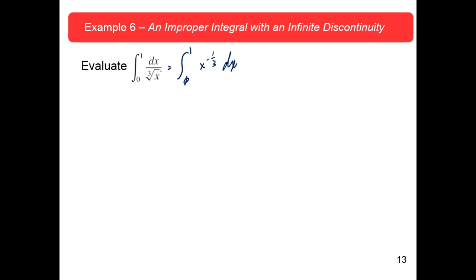But what we'll do is, well, let's get into it. We'll change this to be the integral from a to 1 of x to the minus 1/3 dx, where a is some small positive number.